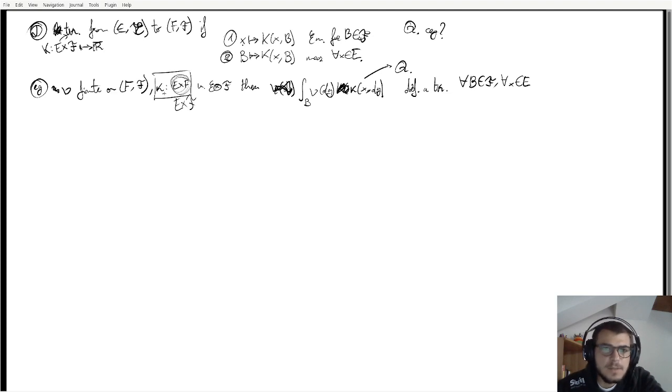If we fix points, it is a measurable function. If we fix sets, it becomes a measure. How is this possible? I still don't know.